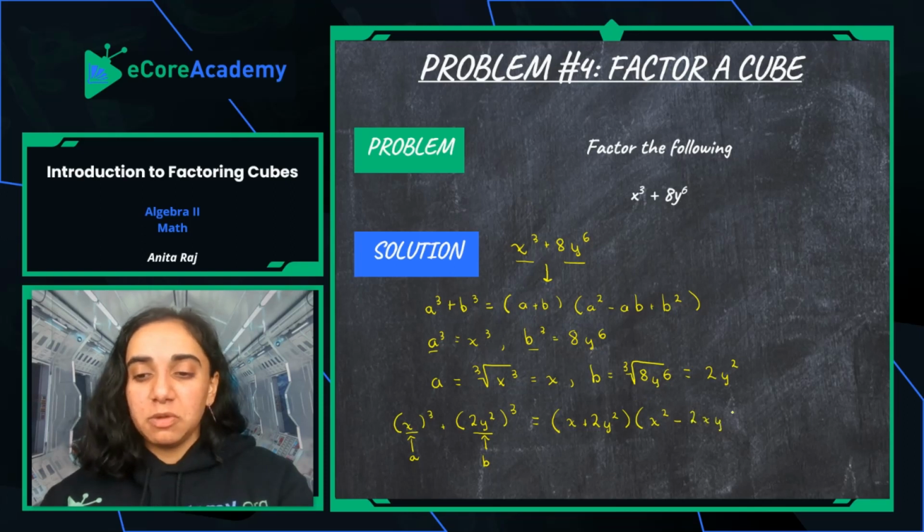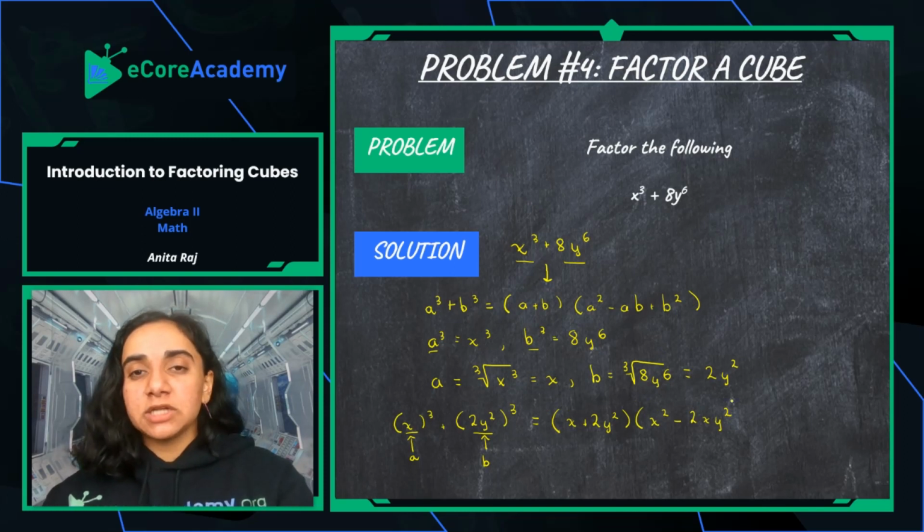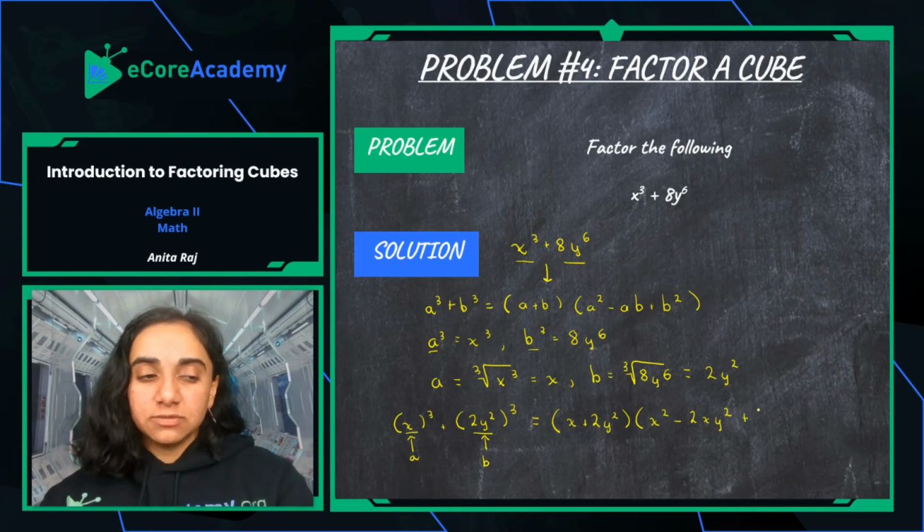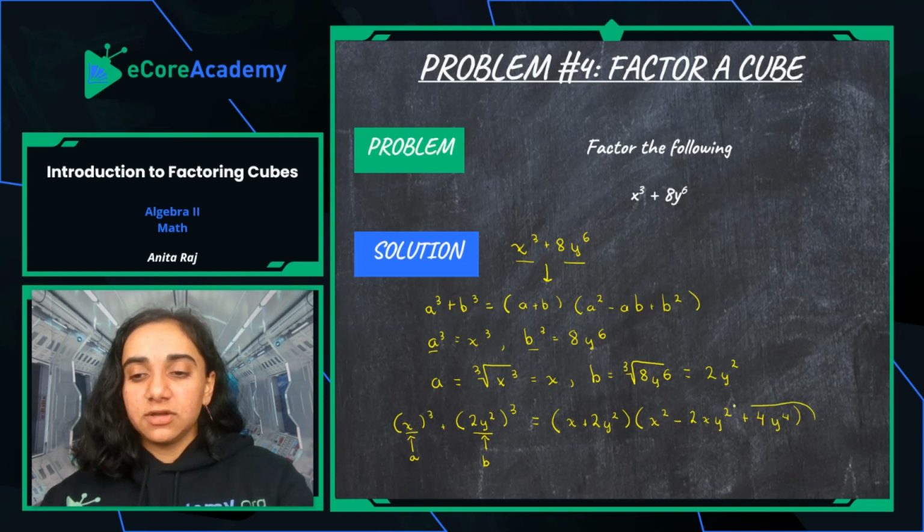We're pretty much just putting them all together. And then b squared. So b squared is 2y squared times 2y squared, which is 2 times y squared times y squared. So 2 times 2 is 4, and y squared times y squared is y to the 4th. So this is going to give us our final answer, and that's how we got there.